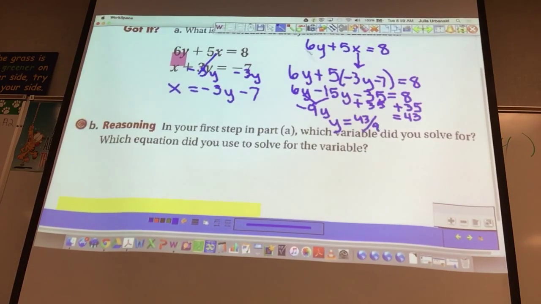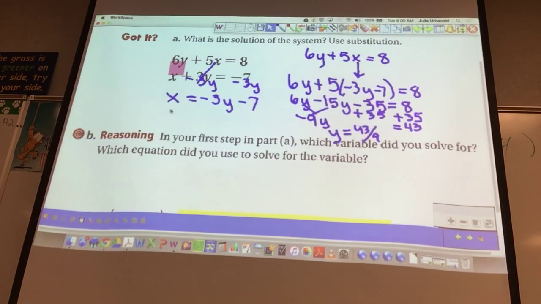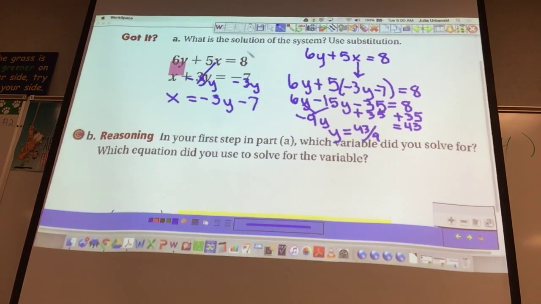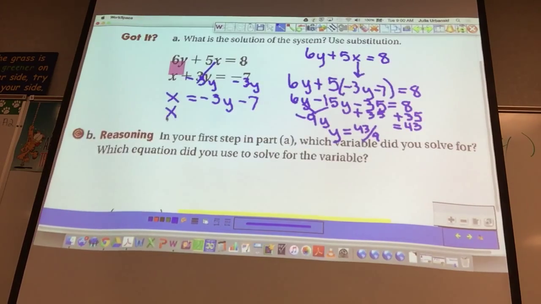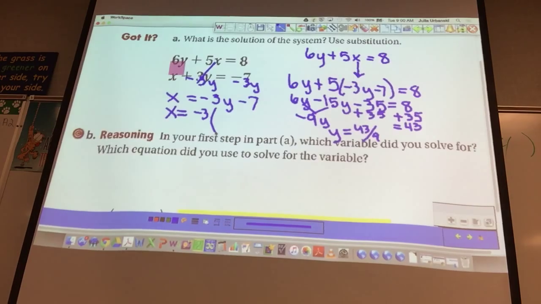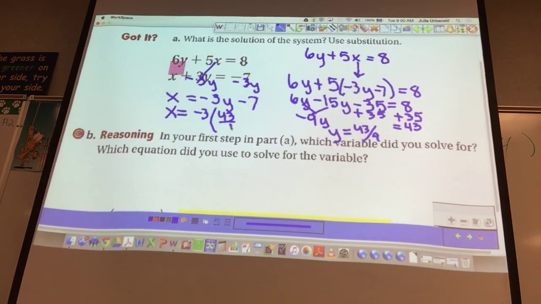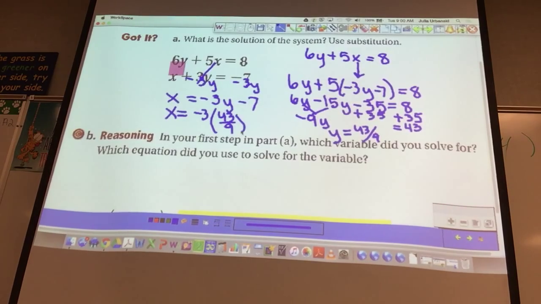Let's see if it will. And then to figure out what x would be, you would go back and plug it in right here. X would equal negative 3 times, be careful, it's a fraction, 43 over 9, and then it's minus 7.